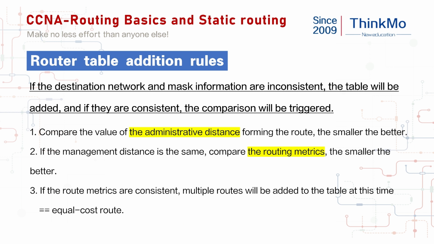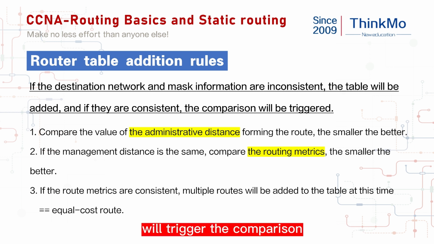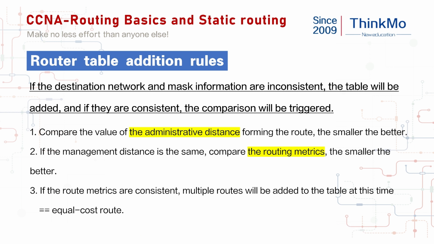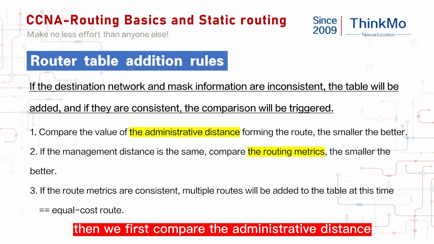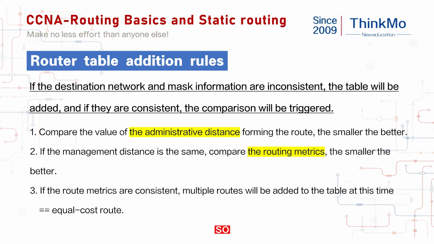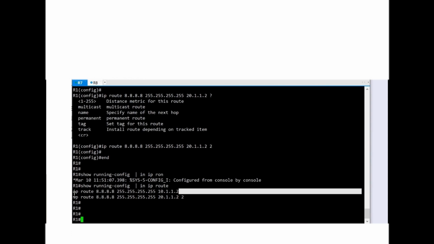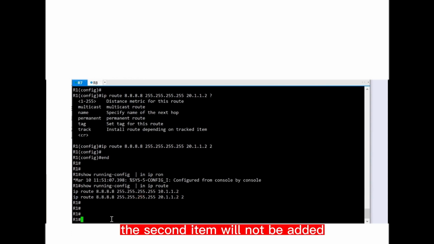The destination network and mask are the same, so we trigger the comparison. We first compare the administrative distance. Smaller is better. So 1 versus 2, obviously the first one is better. If the first one is better, the second item will not be added.